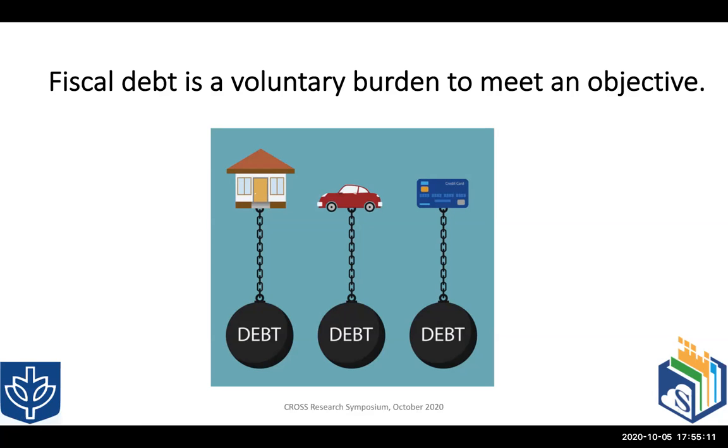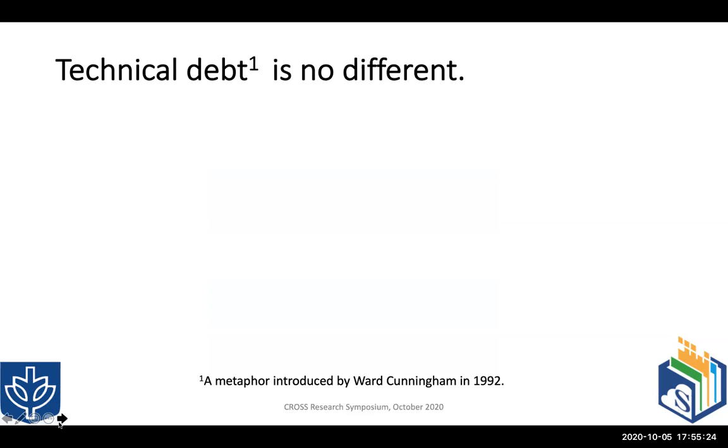Often, taking on that debt to buy the dream house not only gets us the house faster, it is cheaper than the alternative of continuing to rent. Technical debt, introduced by Ward Cunningham in 1992, is no different.